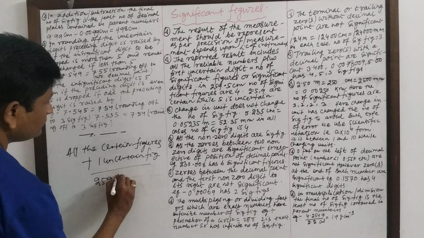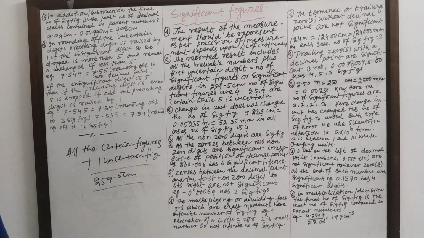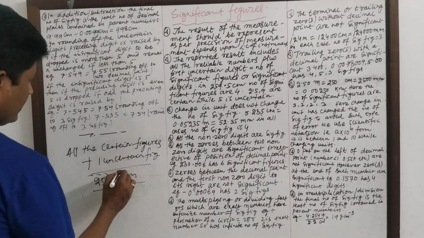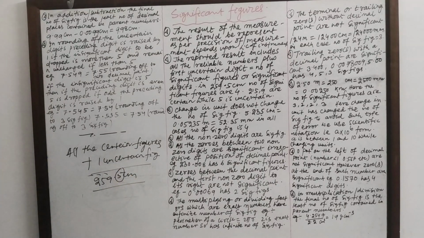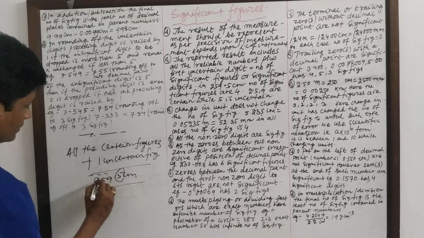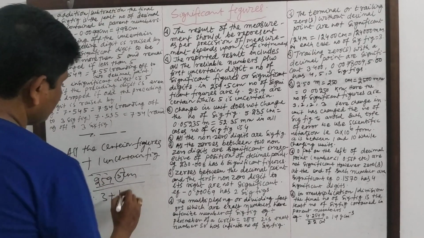259.5 cm. In this measurement, 259 is certain, whereas 5 is uncertain. So the number of significant figures is 4: 3 certain plus 1 uncertain, which is equal to 4.